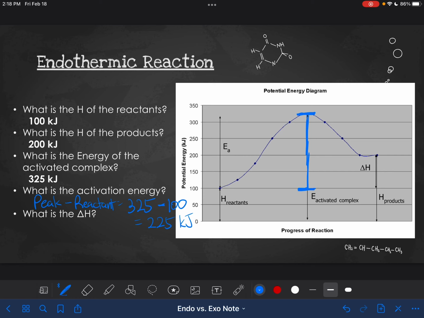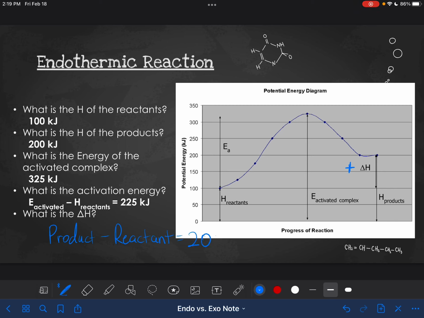Okay? And last but not least, our delta H, or triangle H, is the amount of heat. So in an endothermic reaction, in this case, we know it's going to be positive. So our product minus reactant is our equation. Our product in this case is 200, and our reactant is 100.